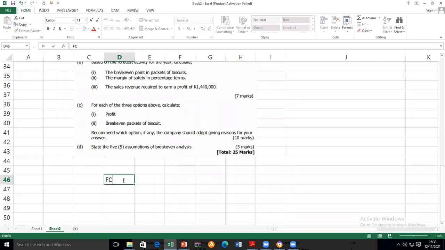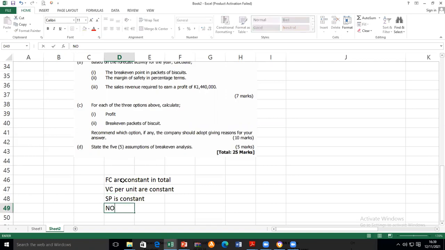So fixed costs are constant in total. Variable costs per unit are constant. SP is constant.